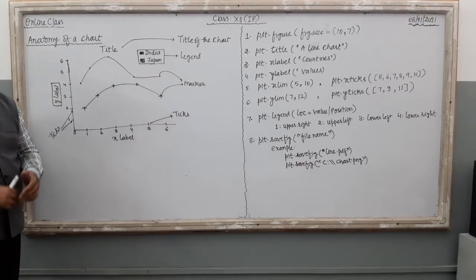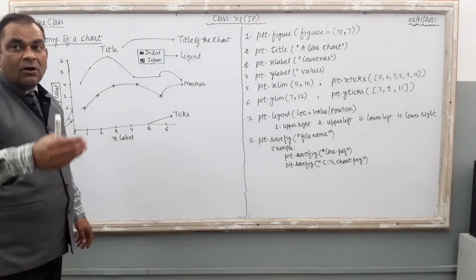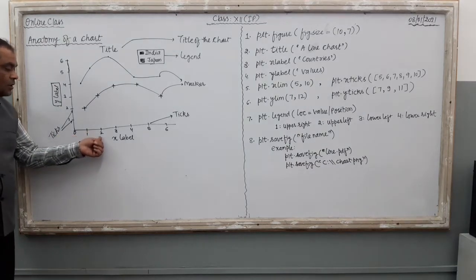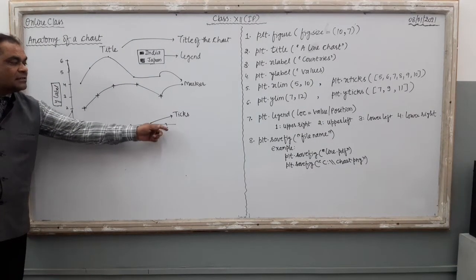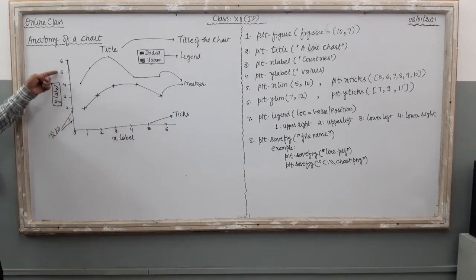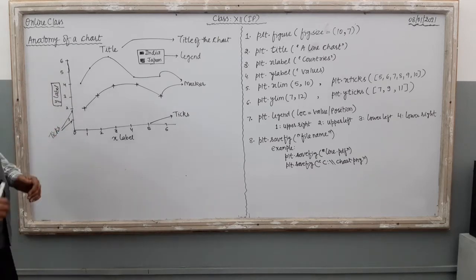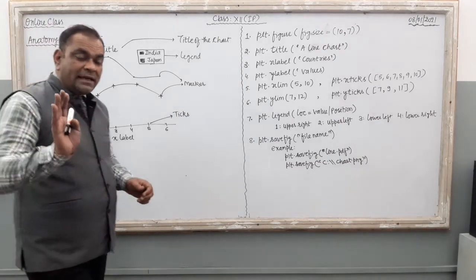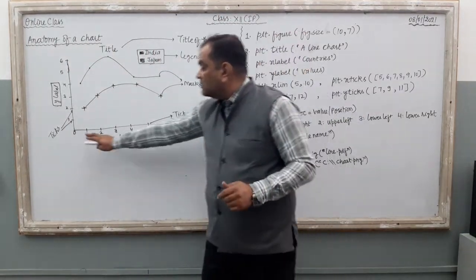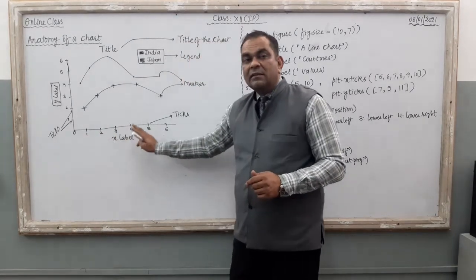The next one is ticks. Ticks means the values that are there on the axis. If we talk about the x-axis, 0, 1, 2, 3, 4, 5, 6 are the ticks. Then on the y-axis, 1, 2, 3, 4, 5, 6 are the ticks. By default, your computer supplies ticks with a difference of 0.5: 0, 0.5, 1, 1.5, 2, 2.5, 3, 3.5, like this.